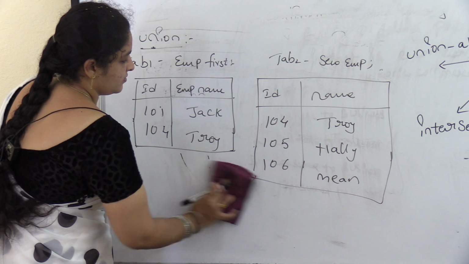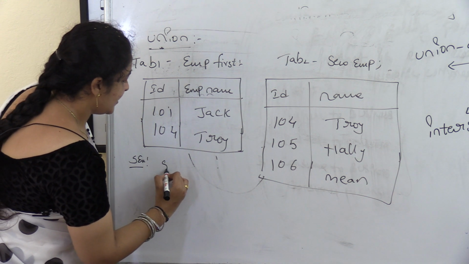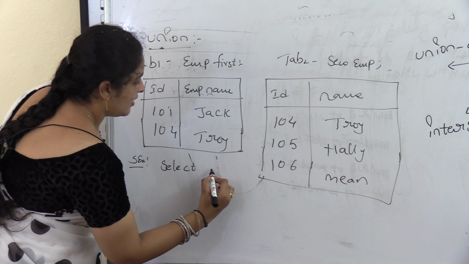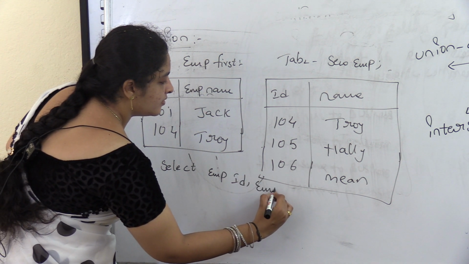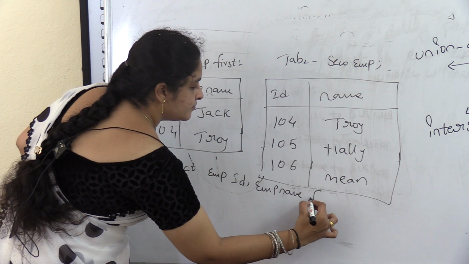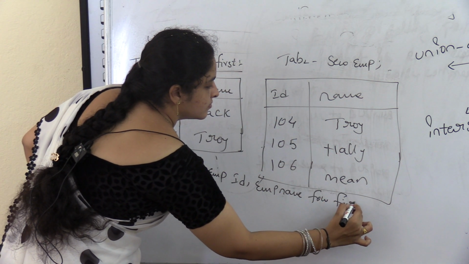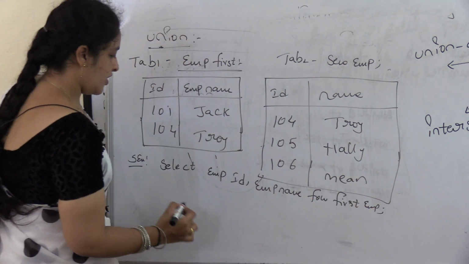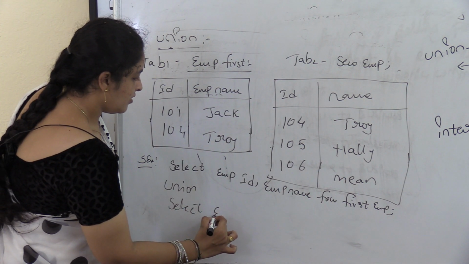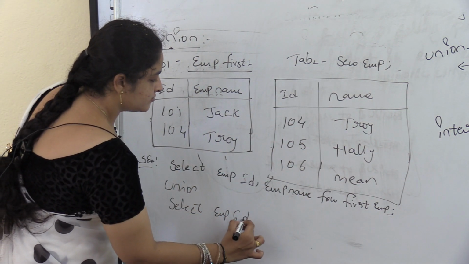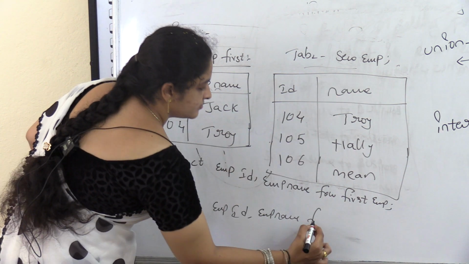Let's see the example. Select employee ID, employee name from first table, first employee, union, select employee ID, employee name from second table.